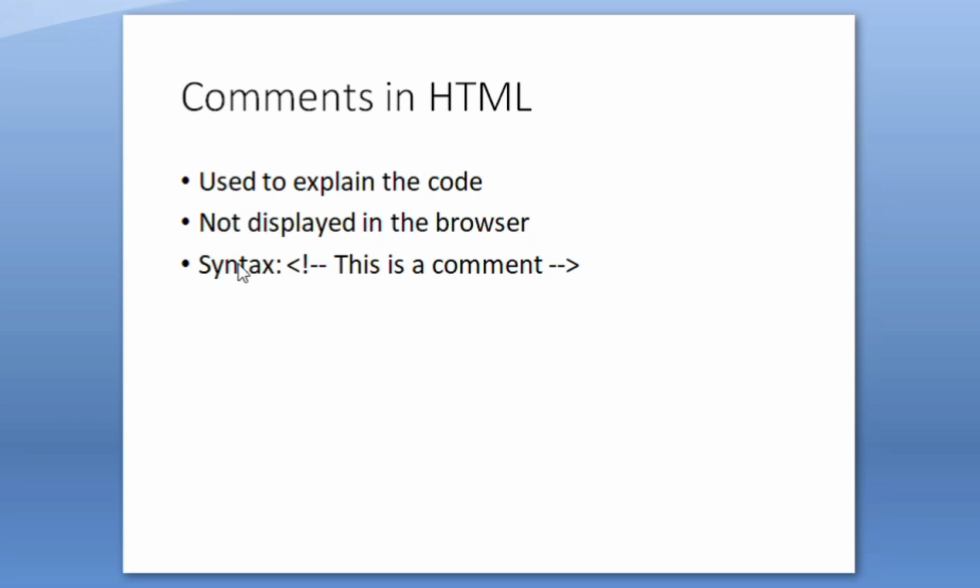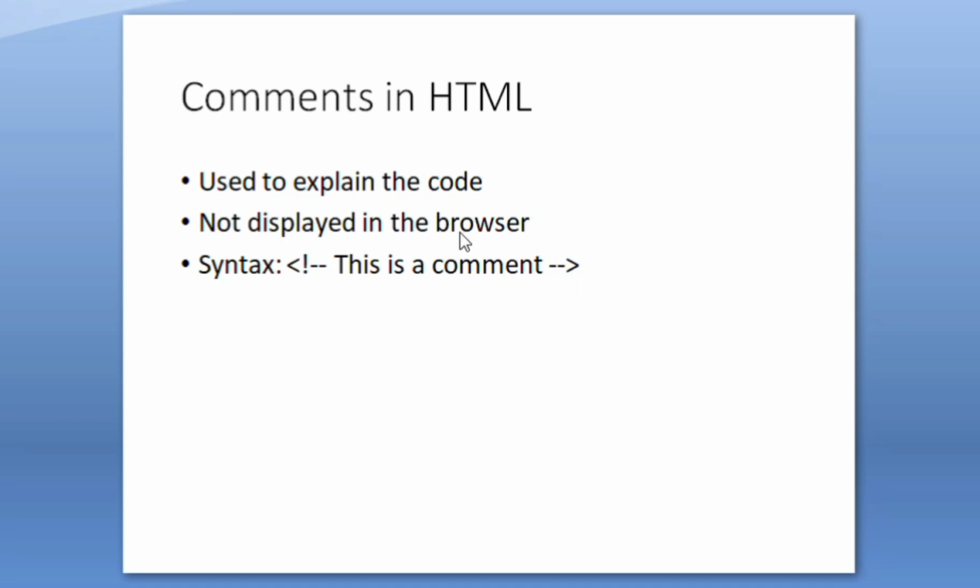The syntax for the comment is an angular bracket, exclamation mark, and two hyphens, and in between this our comment, whatever note you want to give to that particular space, and then two hyphens and an angular bracket.